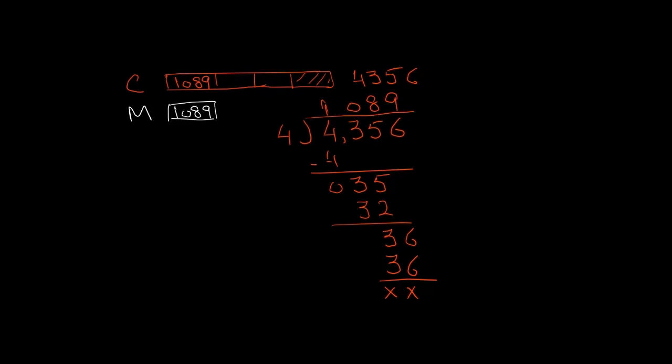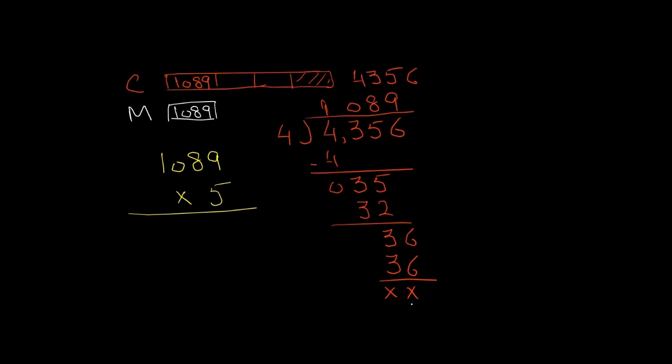Now if you want to find out the total number of vehicles, including motorbikes and cars, there are 5 rectangles. Each rectangle contains 1,089 vehicles. So the answer would be 1,089 multiplied by 5, and we can do that.